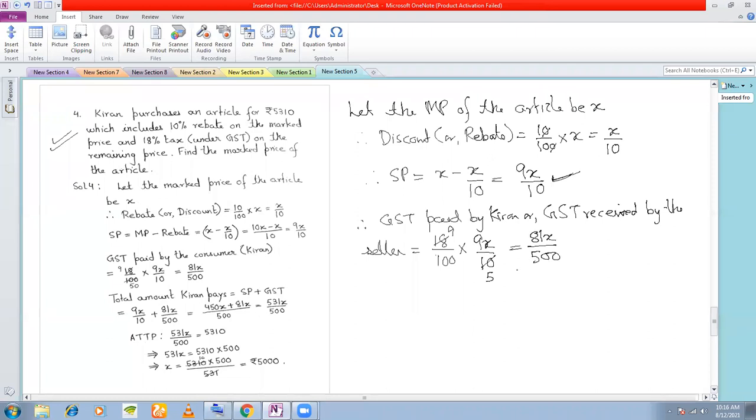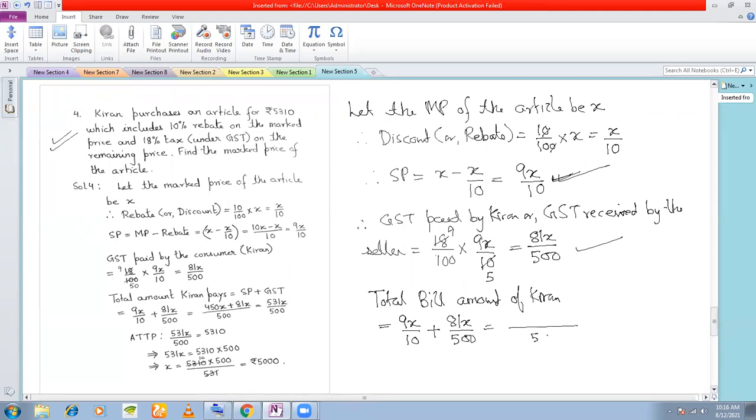Now what is Kiran paying? She is paying this selling price and along with it the GST, right? So total bill amount of Kiran is equal to, she is buying at 9x by 10, and she's also paying 81x by 500 as the GST.